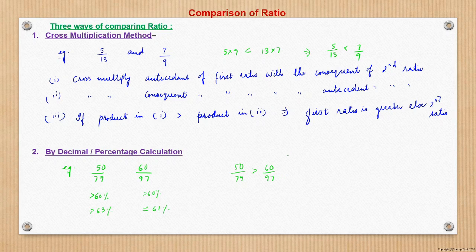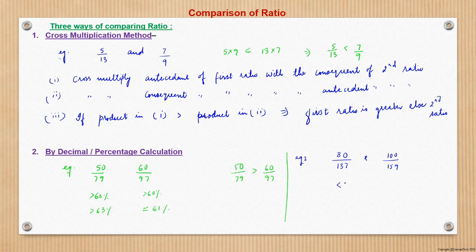This is one approach. Then we'll take another example. Say I take any random thing, like 80 upon 137 and 100 upon 159. So 80 upon 137, what is the approximate percentage here? 60% of 137 will be somewhere around 83, 84.